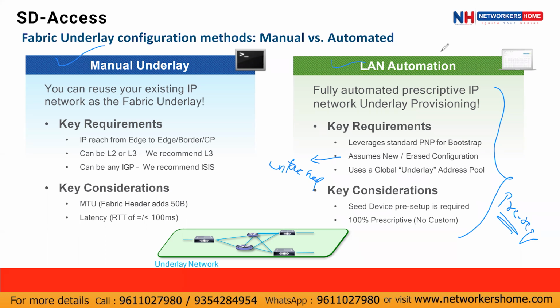You can perform this LAN automation on a device to device basis as well. You can form part of the network using manual underlay and depend on LAN automation for the rest, whatever is feasible in our situation, we can follow that. So this is all about the underlay and overlay, the manual underlay and the LAN automation underlay part.